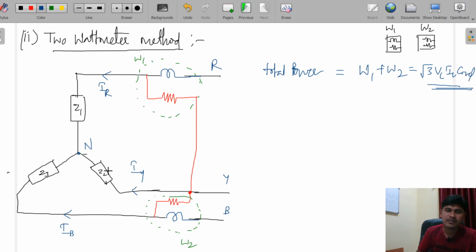Here I am taking a three-phase lagging load. If the algebraic sum of the two readings is equal to root 3 VL IL cos phi, then this gives the total power consumed by this load.